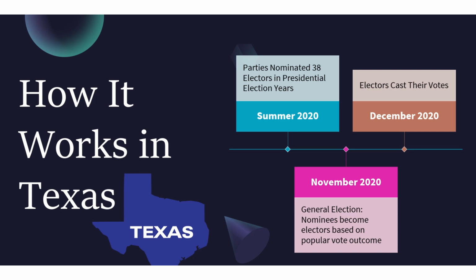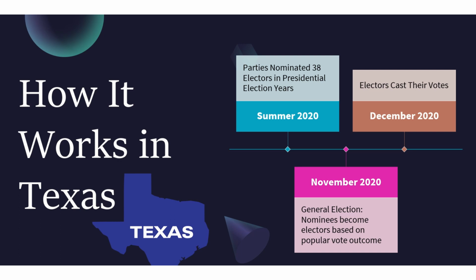And the way that it works in Texas, and by the way, this is the way that it works in 48 other states, is once we know which party's candidate got the majority of votes in Texas, after the popular vote, the vote of we the people, has been counted, the Secretary of State of Texas is required to officially announce how many votes went to the Republicans and how many votes went to the Democrats.